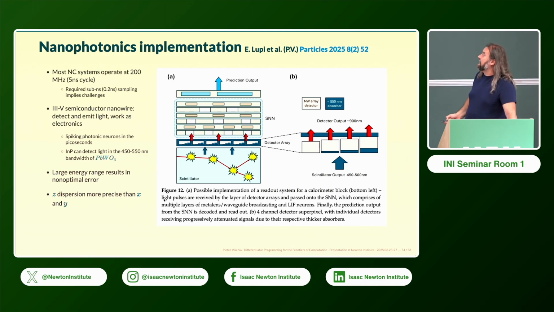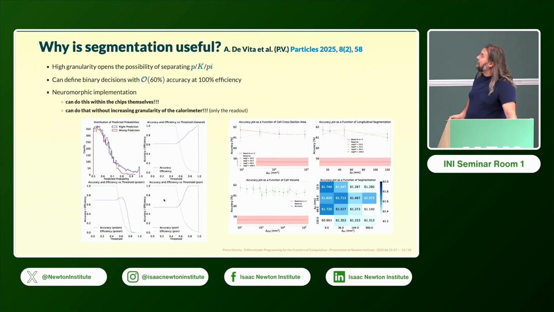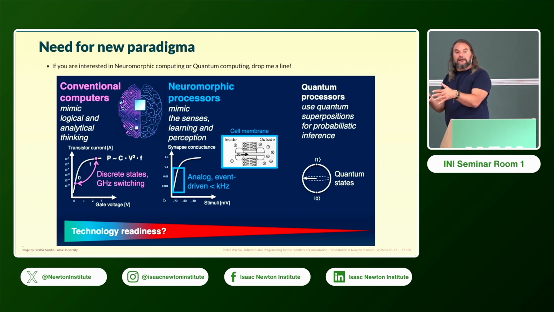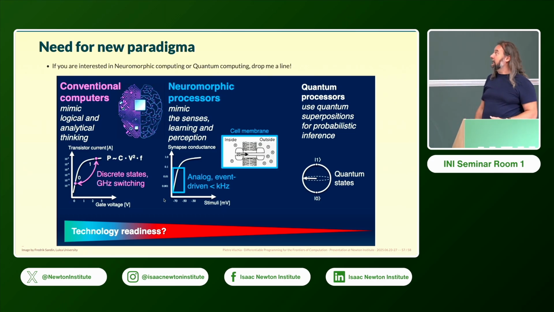We propose some nanophotonics implementation, and this is the way we think things are going. If you want to scale up to new experiments, you basically have to drop the digital computing with discrete states that we have. We have to go through neuromorphic processors that have event-driven computations, and we are looking at quantum computing, which offers the benefit that if you can encode it in a quantum circuit, you can differentiate everything analytically.